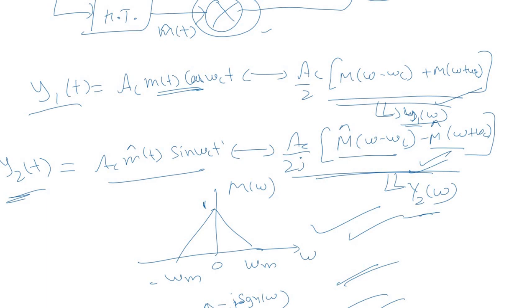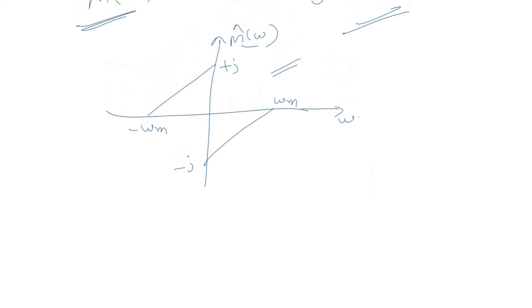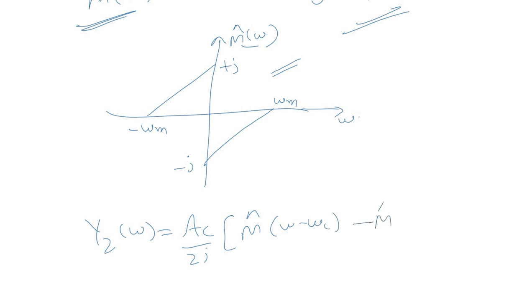As simple as that, right? We have M hat(omega) with us. Y2(omega) is equal to Ac by 2j times [M hat(omega minus omega_c) minus M hat(omega plus omega_c)].